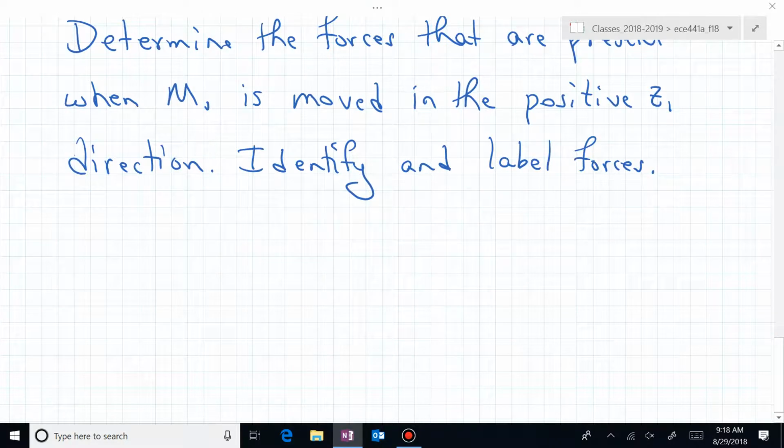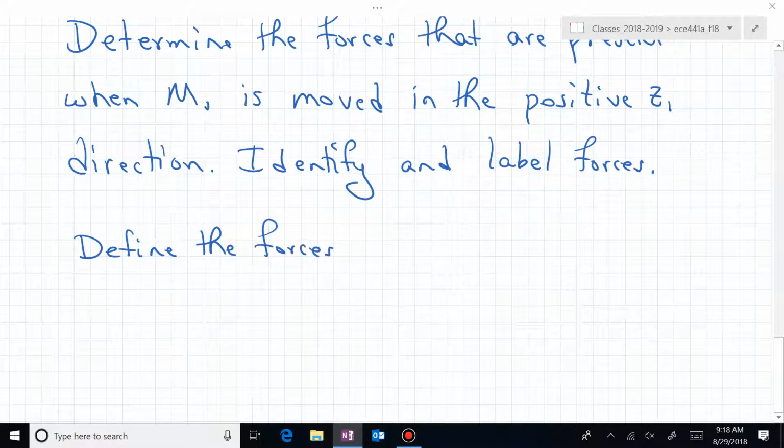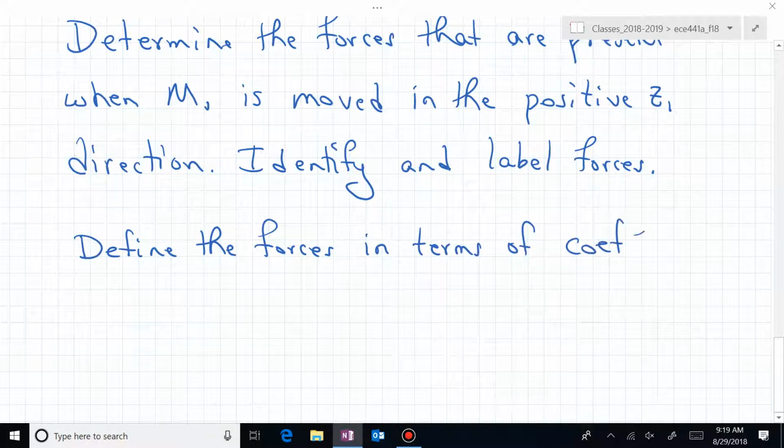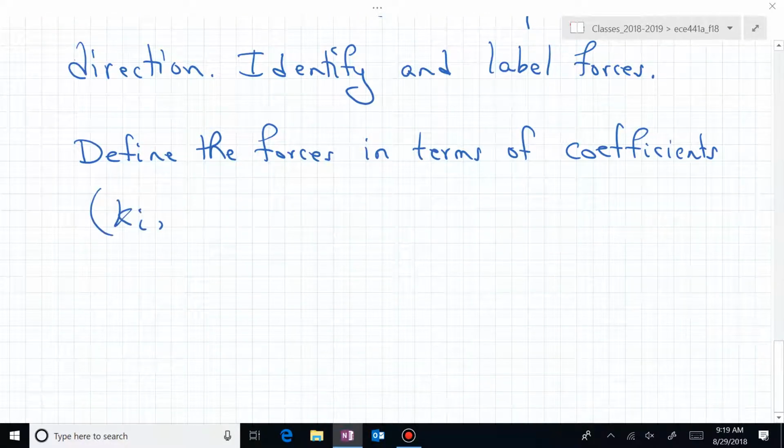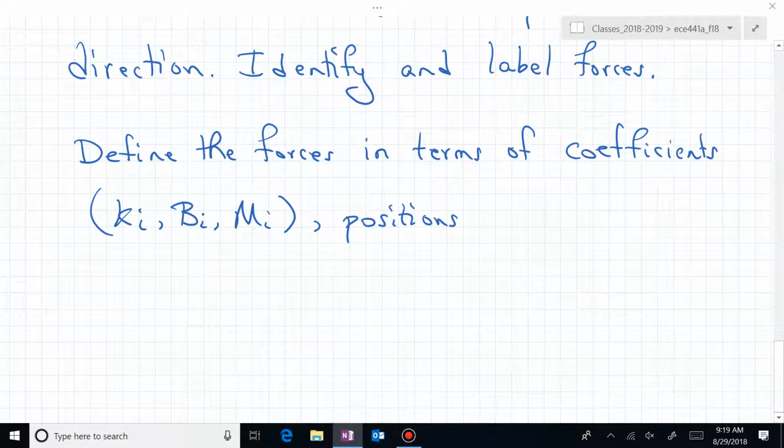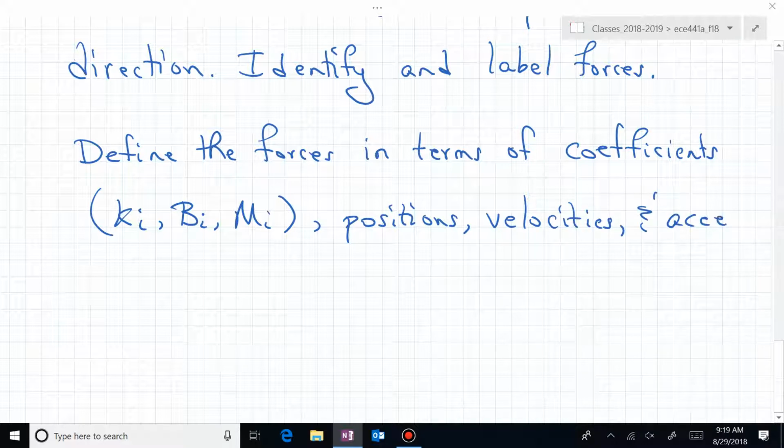So for now, what I want to do is define the forces in terms of the coefficients, and the coefficients now are K sub i, B sub i, M sub i, depending on which free body diagram we're in, and the positions, velocity and acceleration, since we have ma in the inertial force.